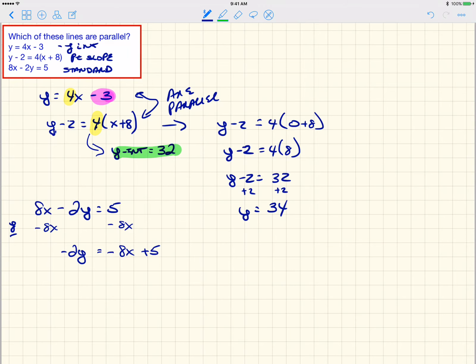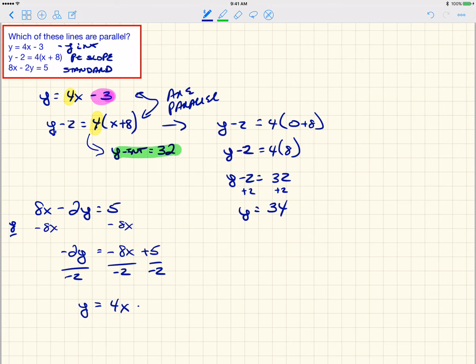Then we are going to divide. What's in the way? We're multiplying y by a -2, so we're going to divide by -2. And if we divide by -2, we have to divide by -2 over here as well, so everything gets divided by -2. Which is going to leave me with y equals -8 divided by -2 is a +4, so 4x, and then a 5 divided by a -2.